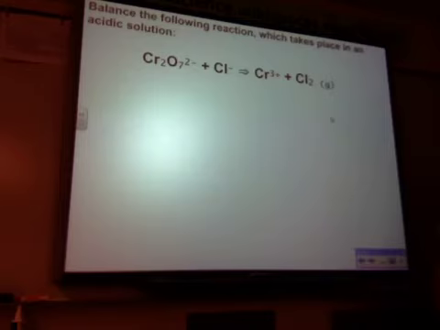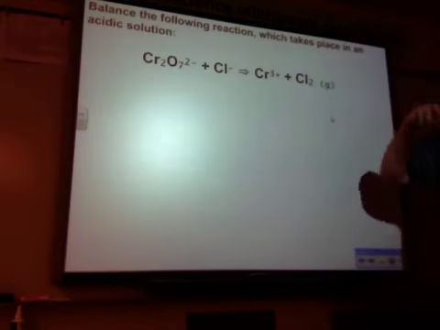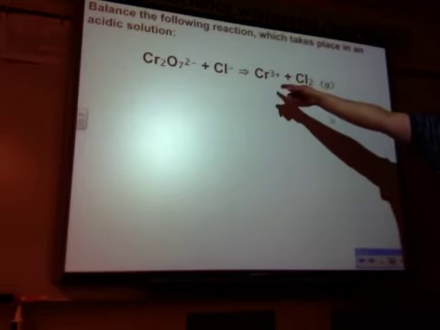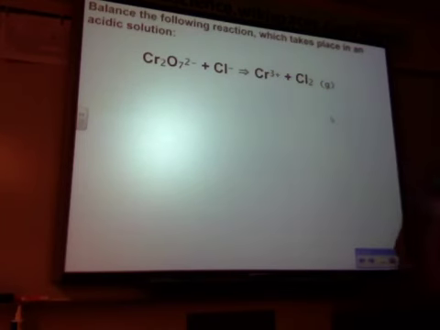Because you've got chlorine, but you've got 2 over here, you've got 2 chromium over there, but just 1 over here, and you've got oxygen in there too. How the heck are we going to solve that? Well, the first thing we're going to do is identify the oxidizing agent and the reducing agent. We're going to figure out what's oxidized, what's reduced, and we're going to write 2 half reactions.